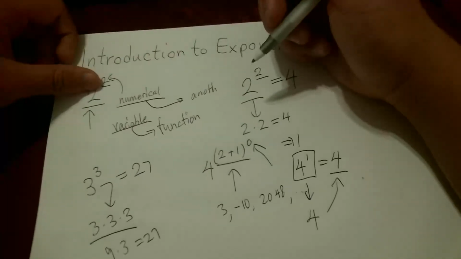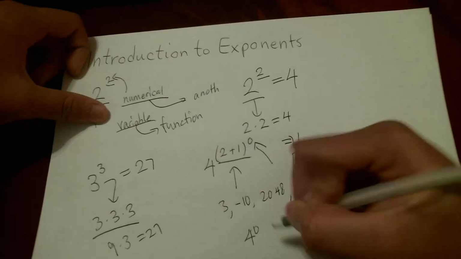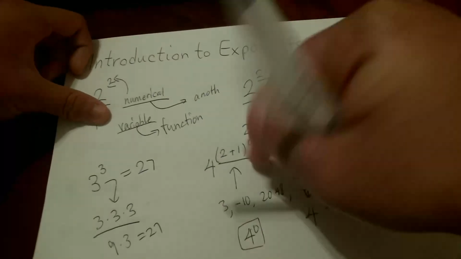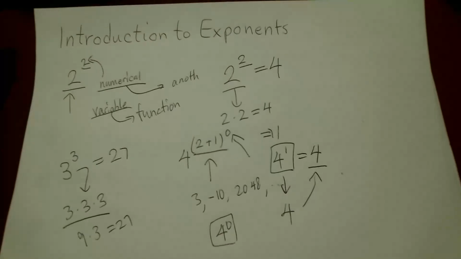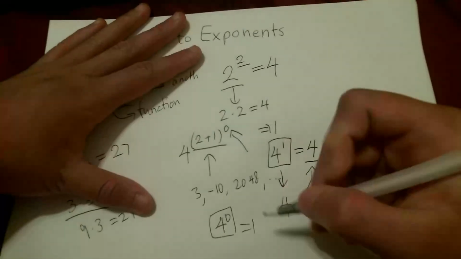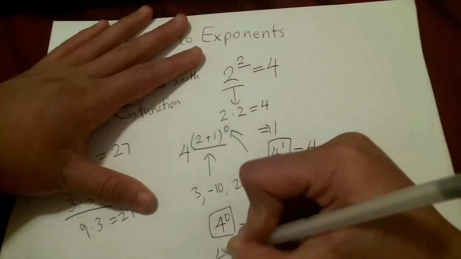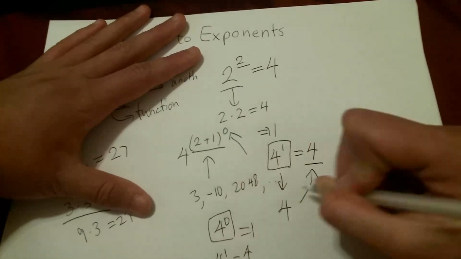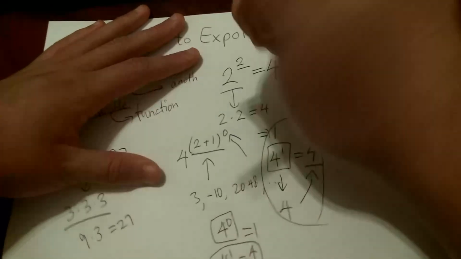Or, let's say we had 4 to the power of 0. So like before, if it was a number to the power of 0, that would just automatically equal 1, no matter what this number is. Likewise, if we had 4 to the power of 1, this would equal 4, just like in this case here. So that is another thing to note.